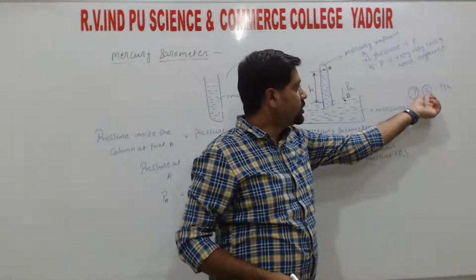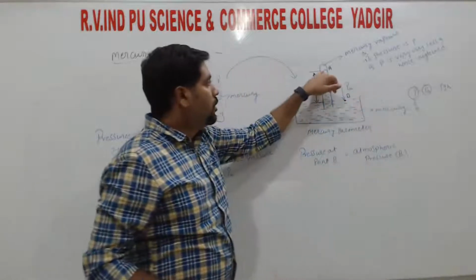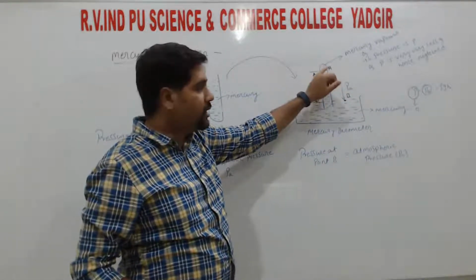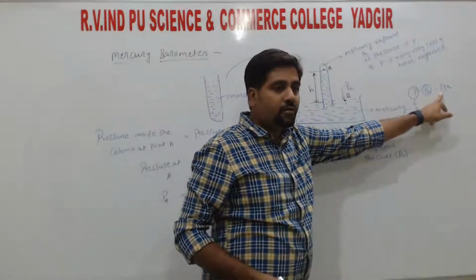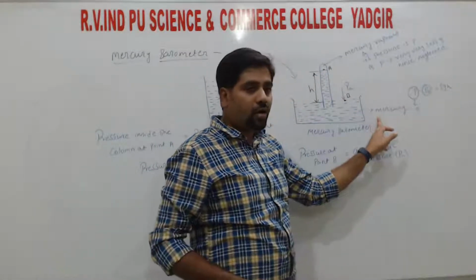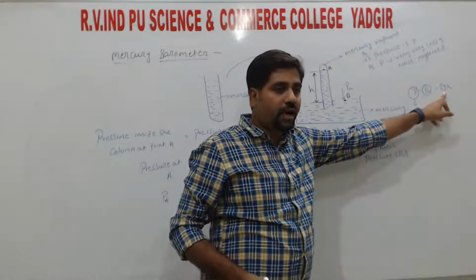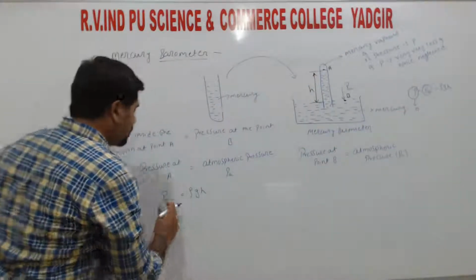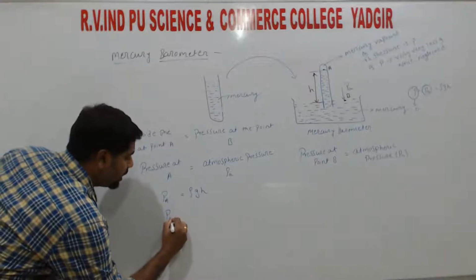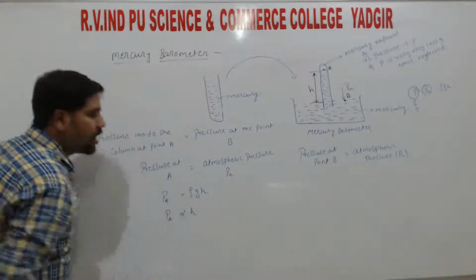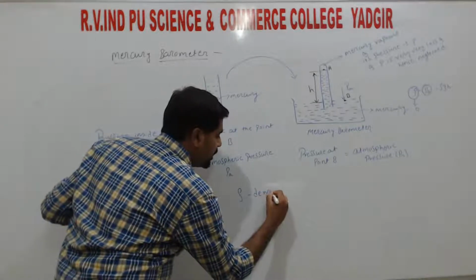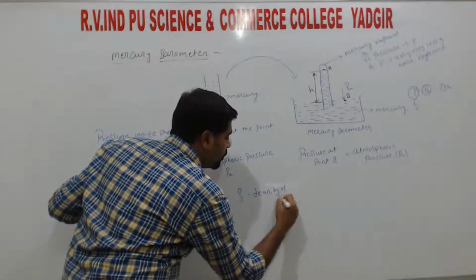Which pressure are we measuring? Pressure at point A. The density of mercury is constant, and acceleration due to gravity is also constant. So it depends on the height h, right? So this pressure at point A is directly related to the height. Why? Because rho is the density of mercury.